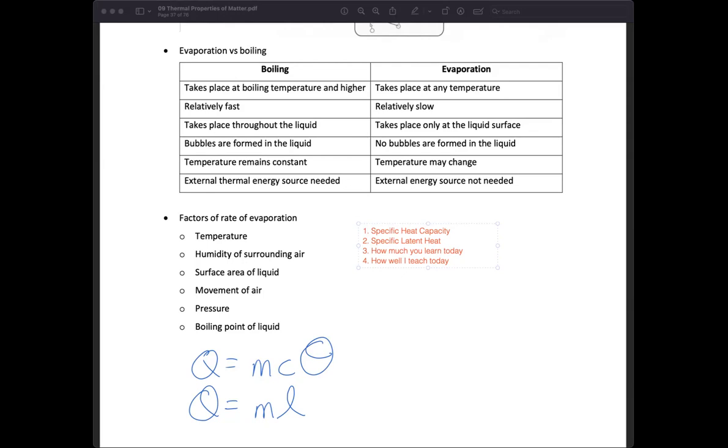Okay, Rui Hong, give me your formula for specific heat capacity as well. Siren, waiting for your answer before I dismiss the class.